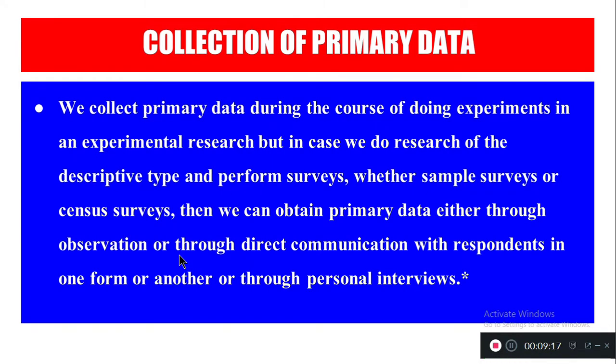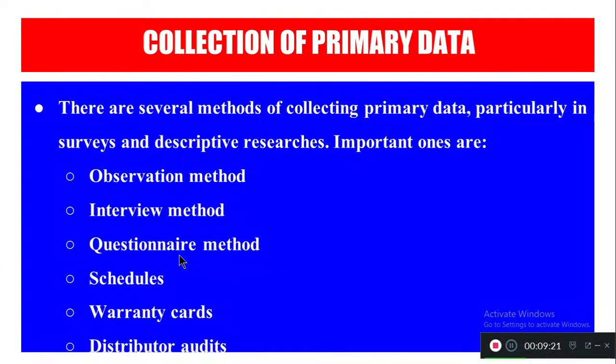So that is personal interviews. The next important thing is the various methods of collecting primary data, particularly surveys. Some of these methods are used in descriptive research, and some are used in both experimental and descriptive or non-experimental research. So what are the common methods of collecting primary data?